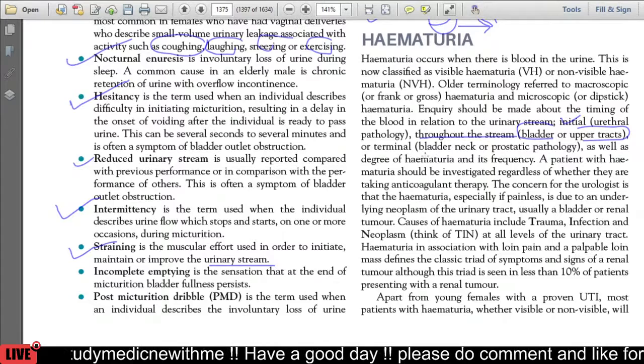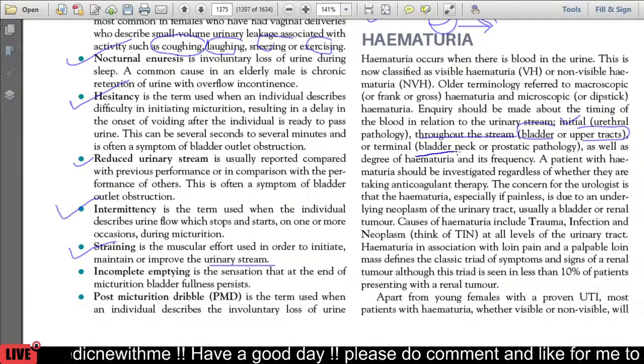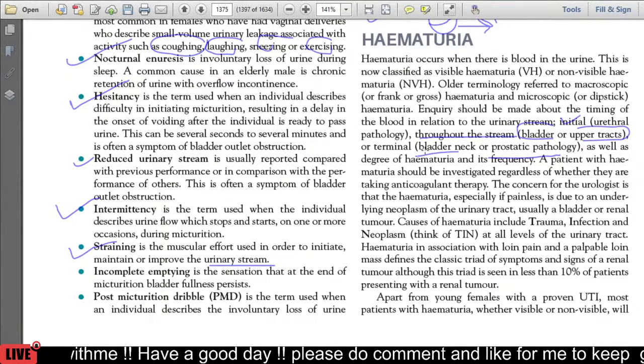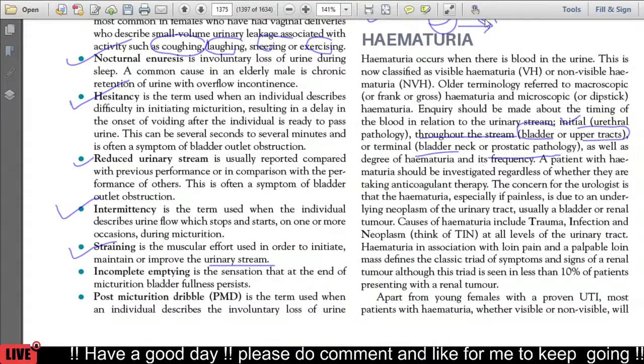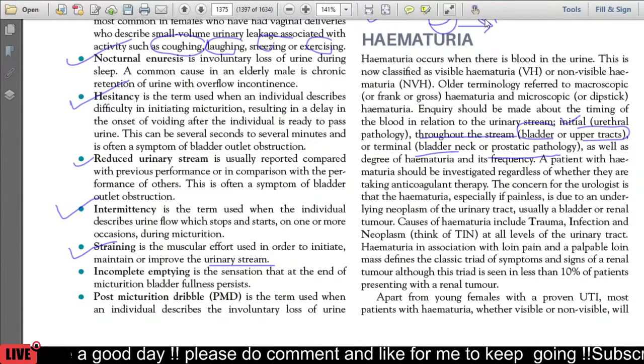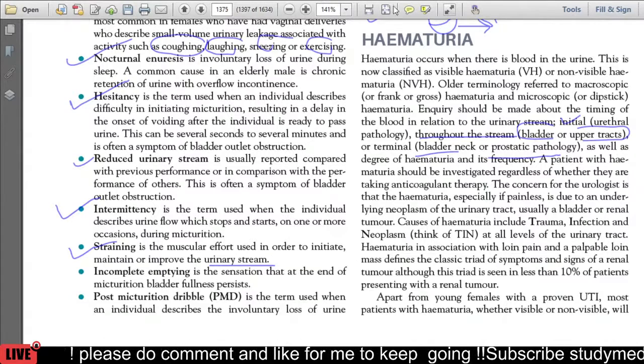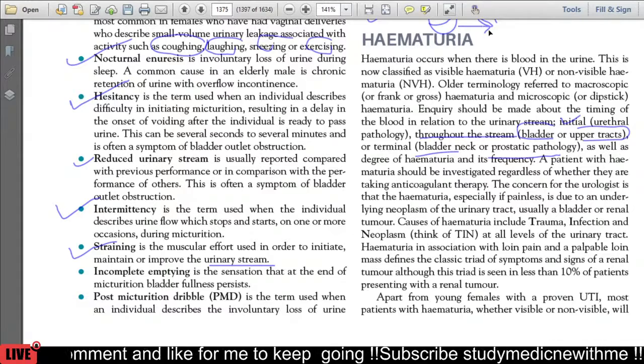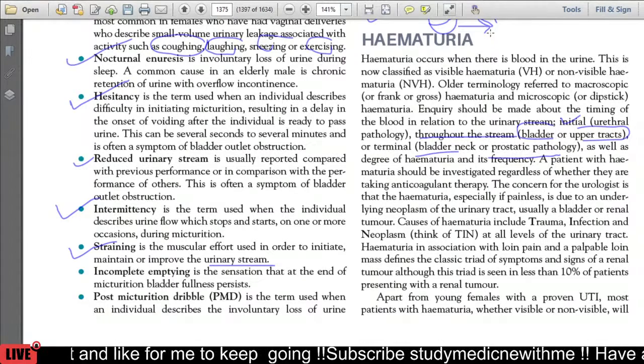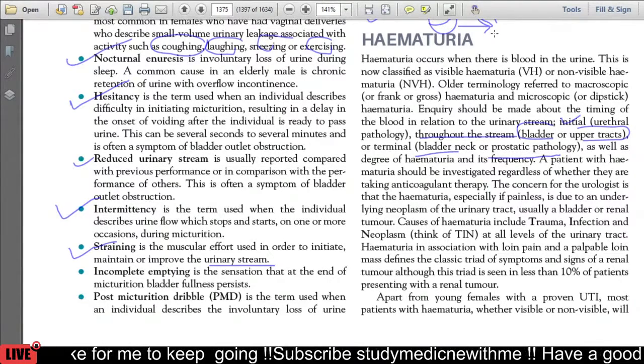Terminal is especially seen in bladder neck or prostatic pathology, as well as the degree of hematuria and its frequency. So if the blood is seen initially, then it is most probably a urethral cause. If it is seen throughout the urination, the most probable cause is the urinary bladder.